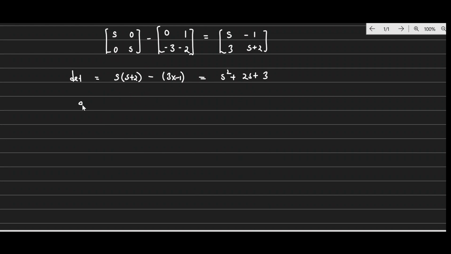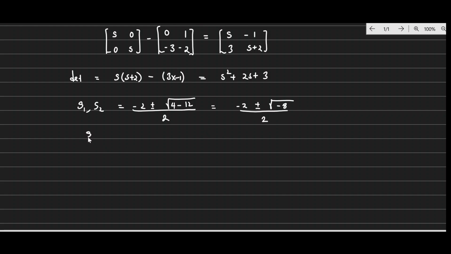So s1, s2 will be equal to, using the quadratic formula, negative 2 plus or minus the square root of b squared, which is 4, minus 4ac, that is 12, divided by 2 times a. So negative 2 plus or minus the square root of negative 8. So we have complex eigenvalues.